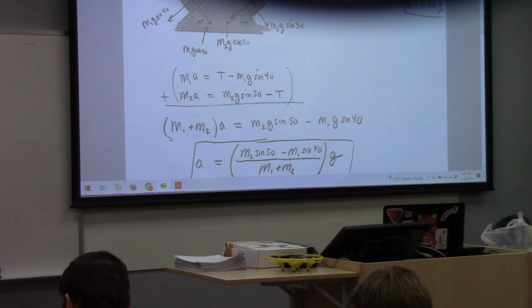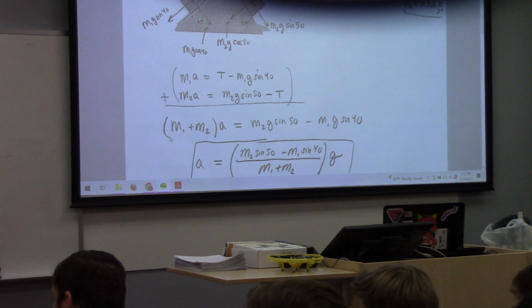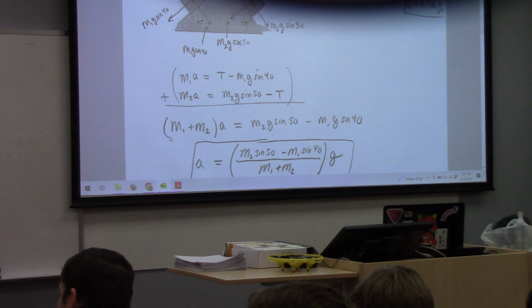So I got 0.17 times g, which is about 1.67 meters per second squared. There you go.